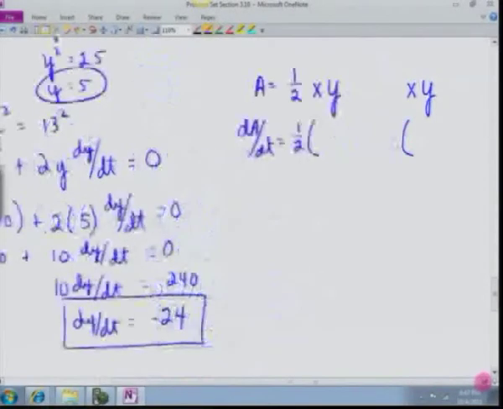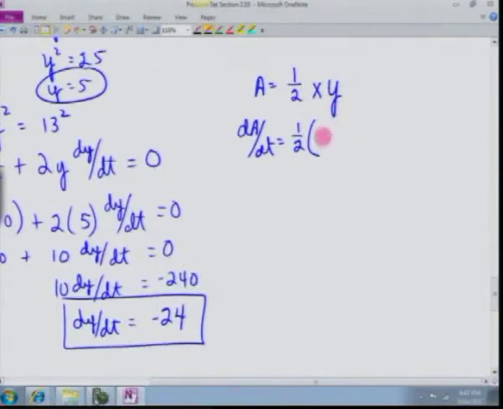Do we have a product? Yeah. Okay, so what do we got? We got x dy dt, plus y dx dt. Do we have all those things?